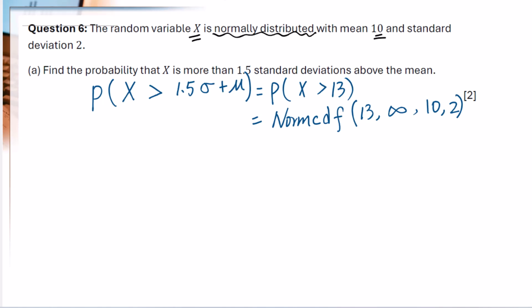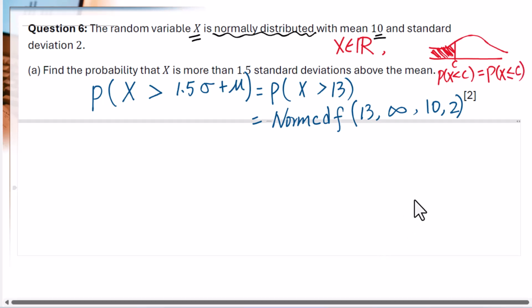Remember, for continuous random variables, x is all real numbers, and the area under the curve is the probability. That's the reason the probability of x less than c equals the probability of x less than or equal to c. Let's go to the calculator.